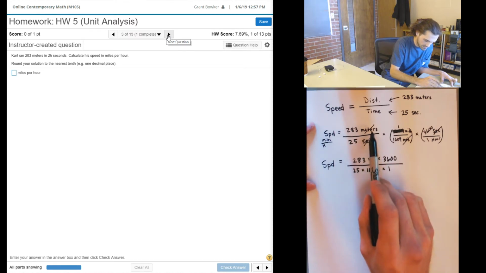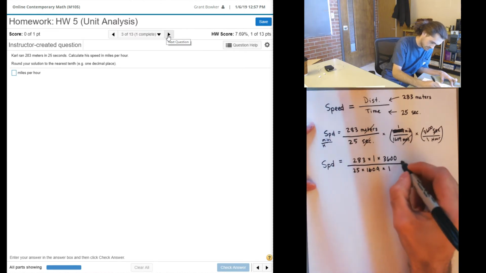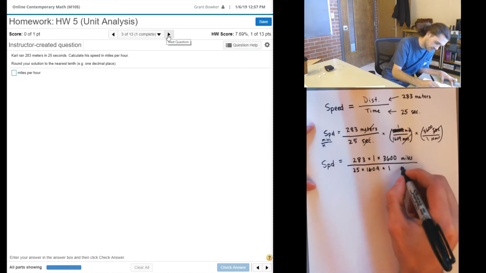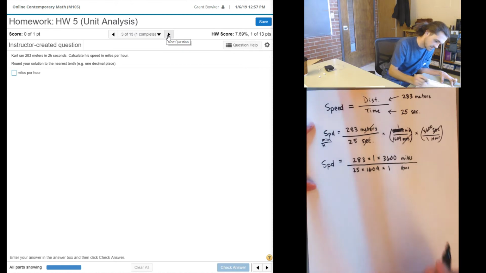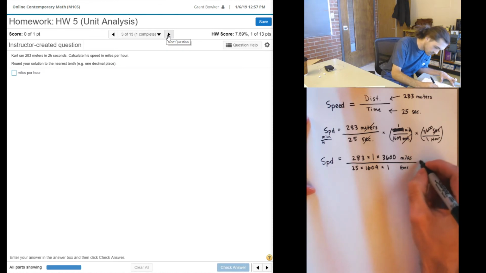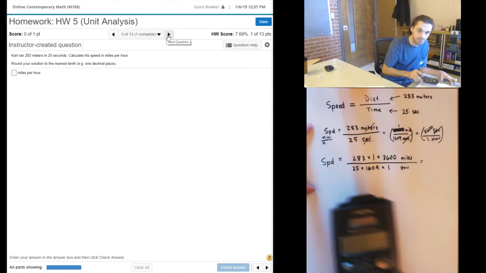Units that survived upstairs, I have miles. Units that survived downstairs, I got hours. Which is wonderful because I want miles per hour. Let's go ahead and crunch the numbers here.